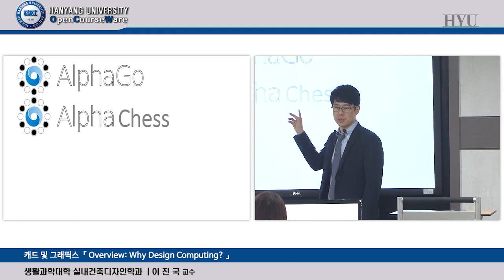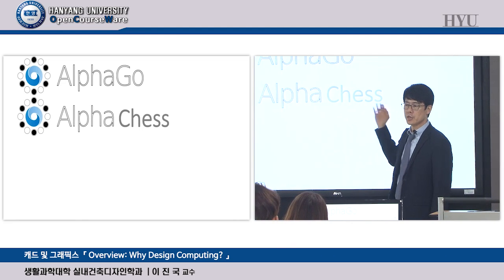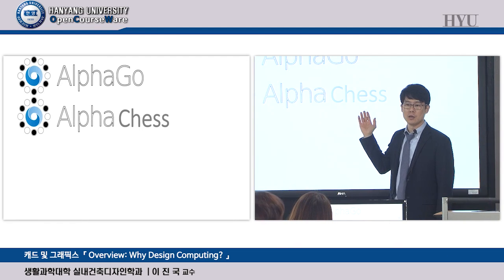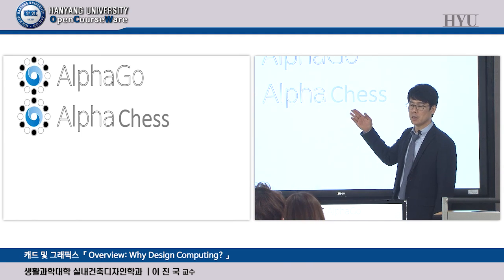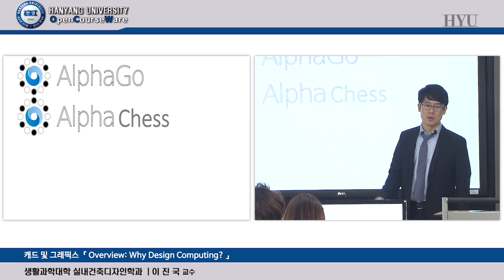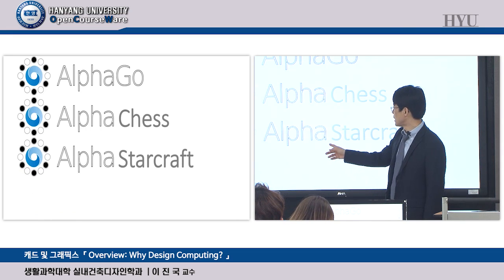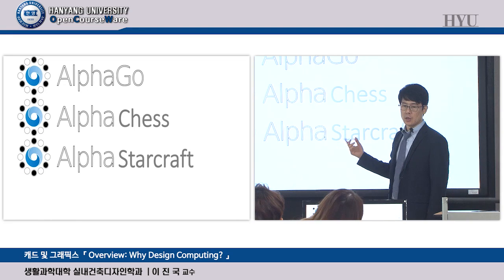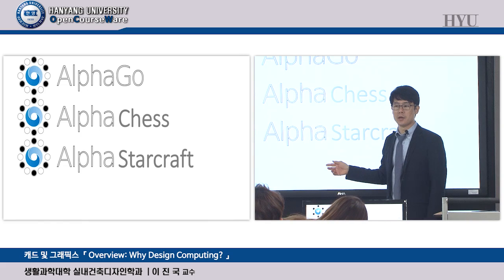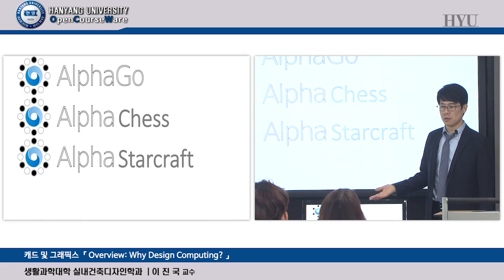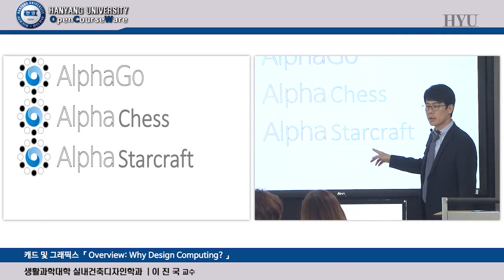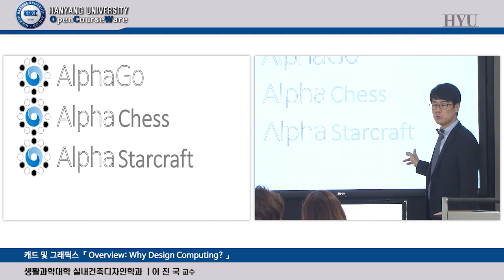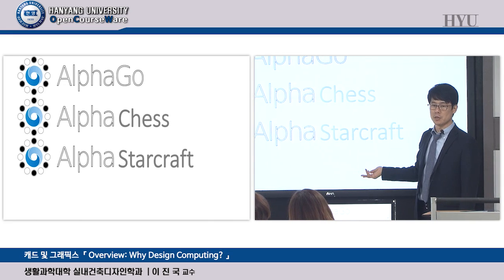How about Alpha Chess? Actually, there was a chess machine already. Humans have been beaten by an application like this, a computer. How about Alpha StarCraft? Google mentioned that their next level test possibly can be StarCraft. Okay, so a number of Korean StarCraft champions are going to be involved in this test someday.